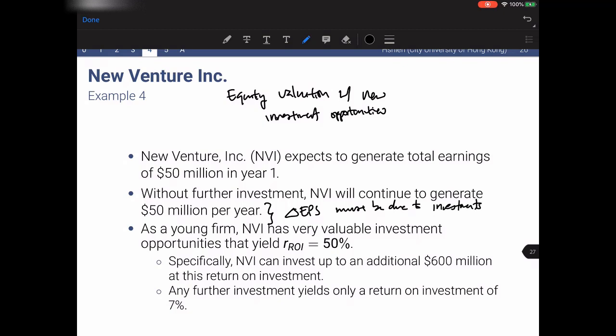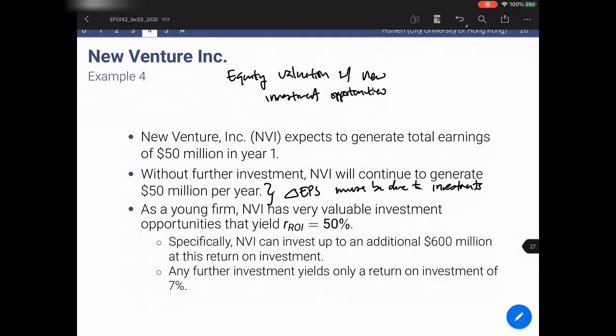Okay. As a young firm, NVI has very valuable investment opportunities that yield an ROI of 50%. So that means that if you allocate $1, you get your dollar back, but you get 50 cents more. Okay. But there are conditions here. The condition is that NVI can only invest up to $600 million in aggregate.